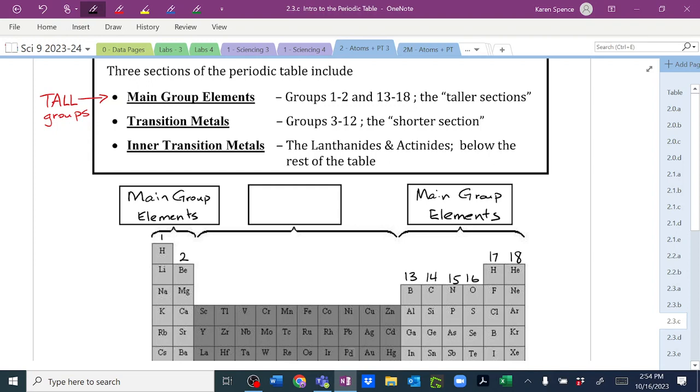Do you remember the name of the middle section? The middle section is called the transition metals. So the short groups are the transition metals.